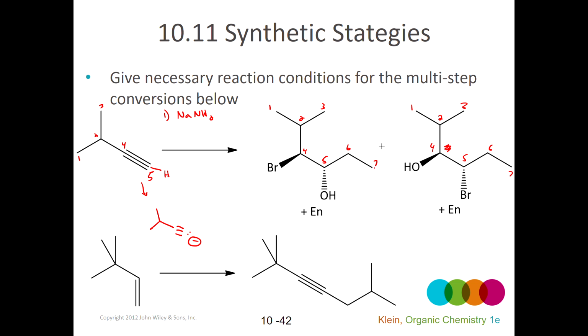I want to put the next 2 carbons on. I need to add 2 more carbons. So the next step would involve putting two carbons with the leaving group, bromine or chlorine or something like that. This nucleophile would use its lone pair to attack here and push out the leaving group. And that would then add two carbons to the end of that chain.